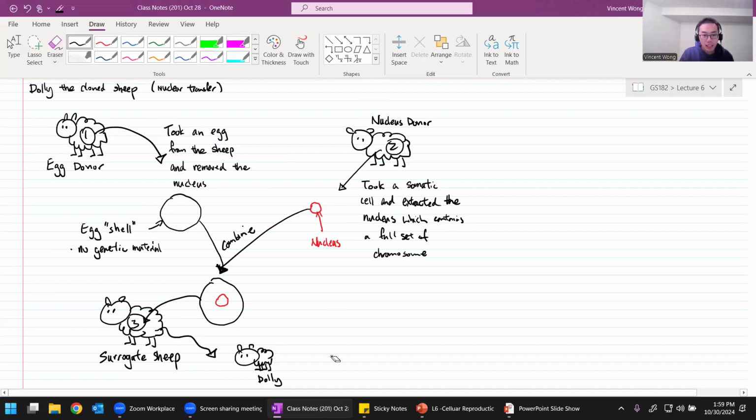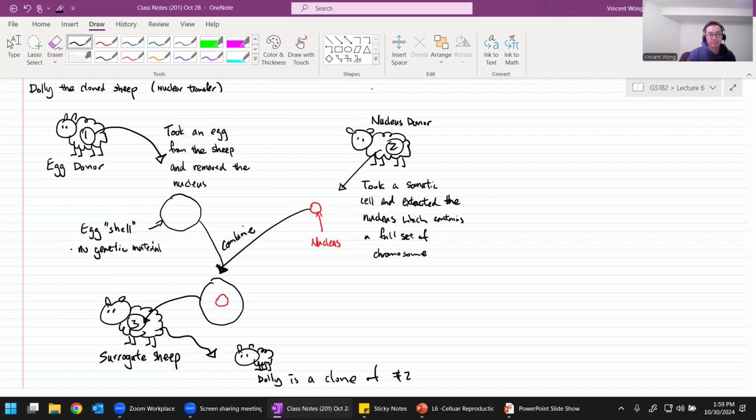So Dolly is a clone of number two, the nucleus donor. All of its genetic material is actually from that cell that we harnessed the nucleus from. Same thing.